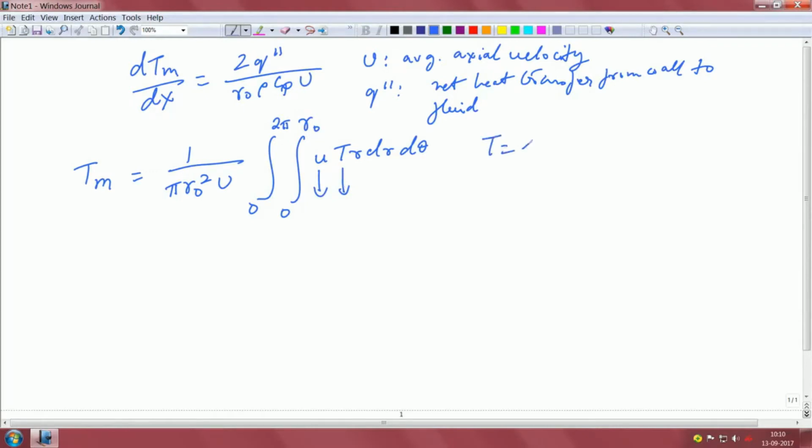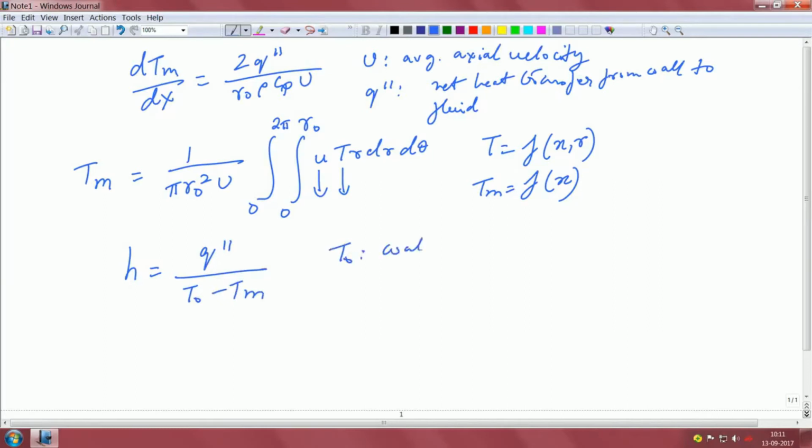So, T in general is a function of both x comma r, right, whereas your mean temperature should be a function of x only, because we are taking care of the r variation away, right, because that is exactly the purpose of the integral. Okay. So, also we defined H, which is basically the heat transfer coefficient, as based on T naught minus Tm, where T naught was basically the wall temperature.